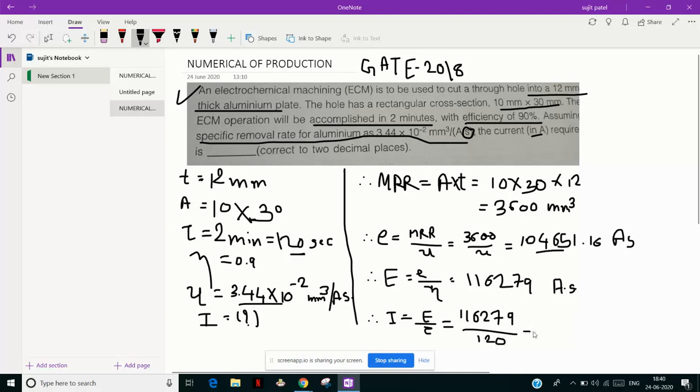So here what we are getting is our final answer, but here it is written that correct up to two decimal places. So our answer is coming is 968.99 ampere. So this is our final answer.